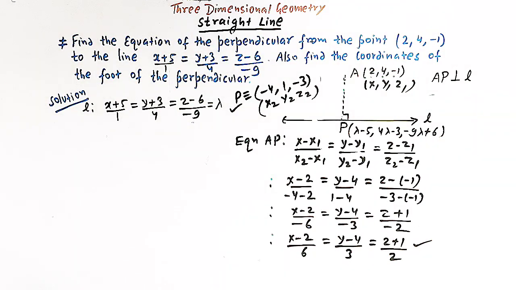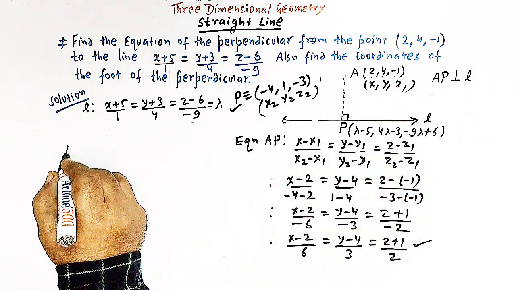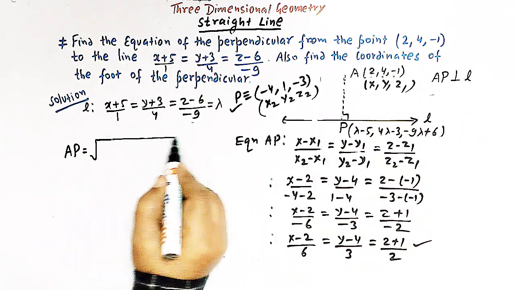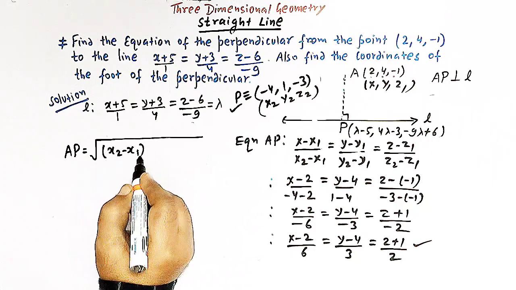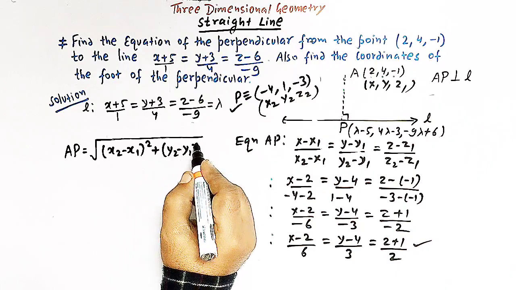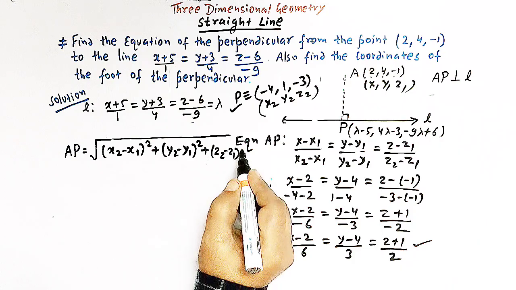Now we can also find out the length of the perpendicular AP by using the distance formula. So AP is given by square root of x2 minus x1 square plus y2 minus y1 square plus z2 minus z1 square.